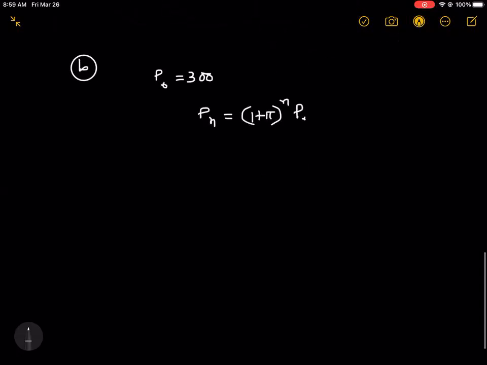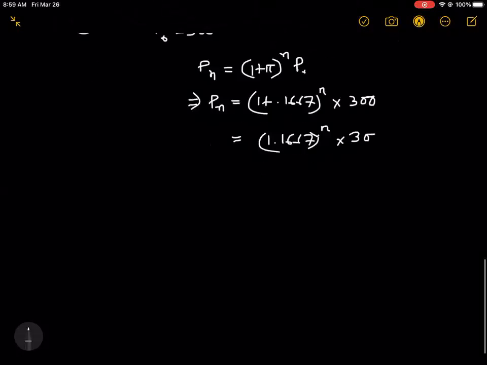And we also know R, so it will be 1 plus 0.1667 to the power n times 300. Or we can rewrite it like this, 1.1667 to the n times 300. So this should be our explicit formula.